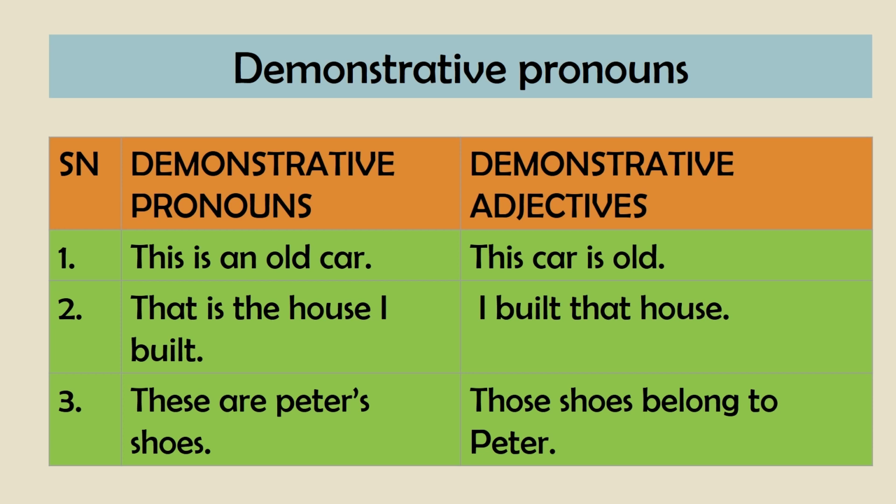In the demonstrative adjective, we have this car is old. 2. That is the house I built. In the demonstrative adjective, we have I built that house. 3. These are Peter's shoes. In the demonstrative adjective, we have those shoes belong to Peter. The auxiliary verb comes after the demonstrative pronoun, while the noun comes after the demonstrative in the demonstrative adjectives.